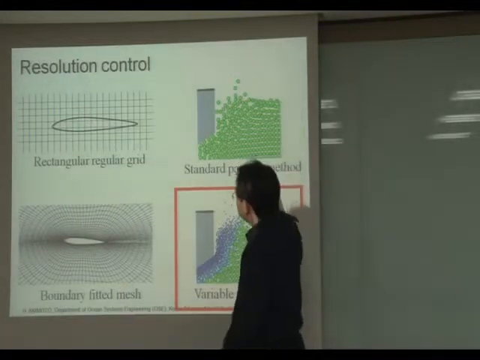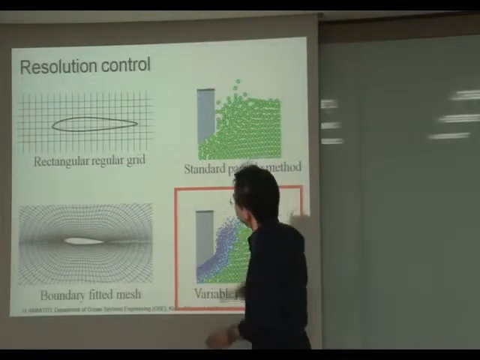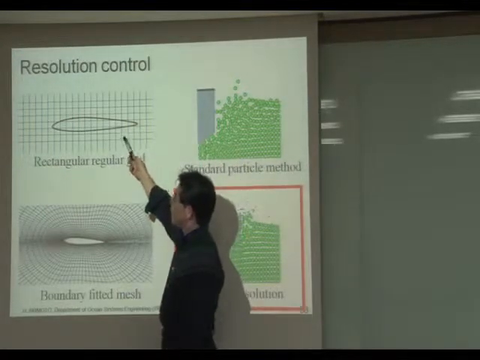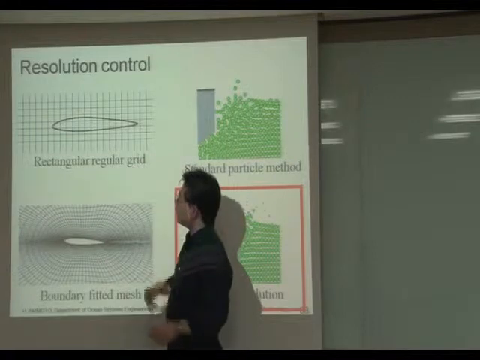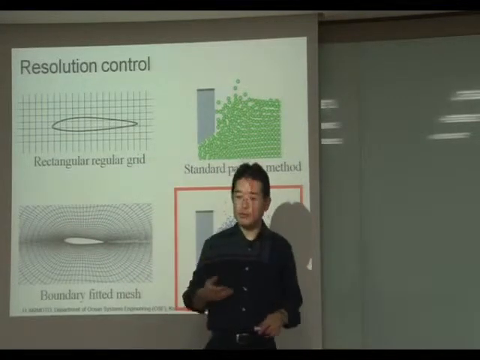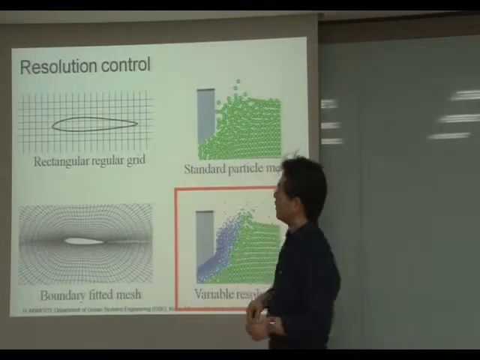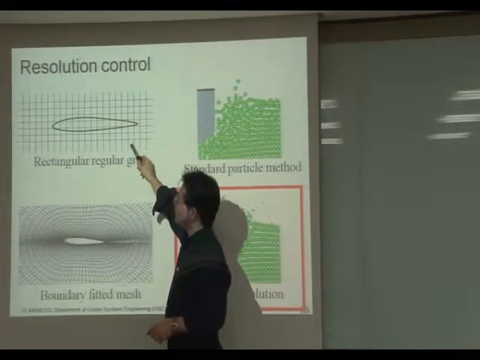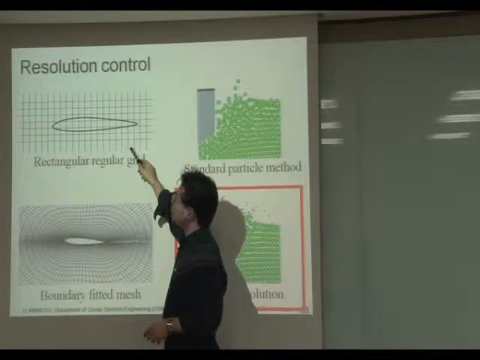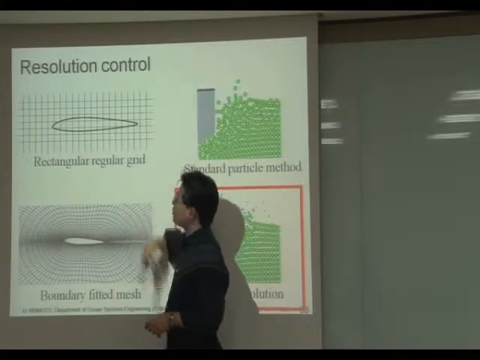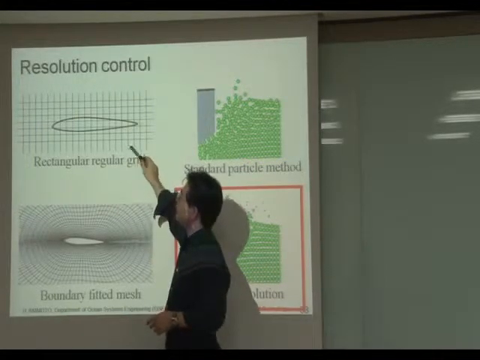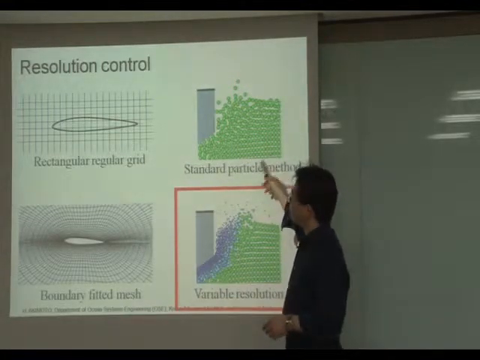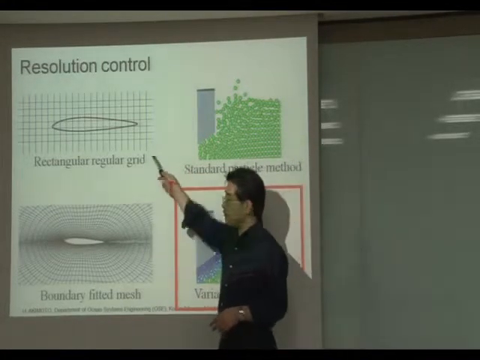So the present usual particle method can be considered as the rectangular regular grid with equal spacing. This is very classic one. At present, we do not use this type of simple situation. But usual particle method is in this level.